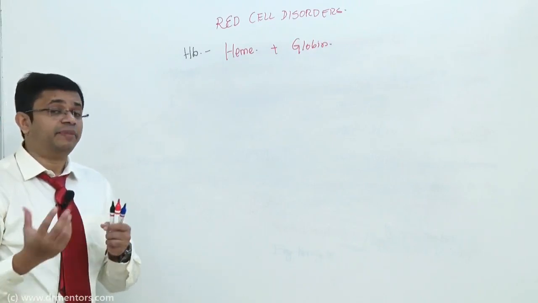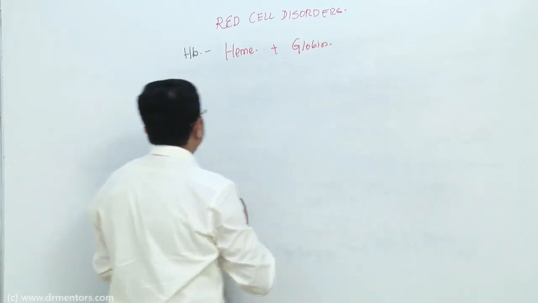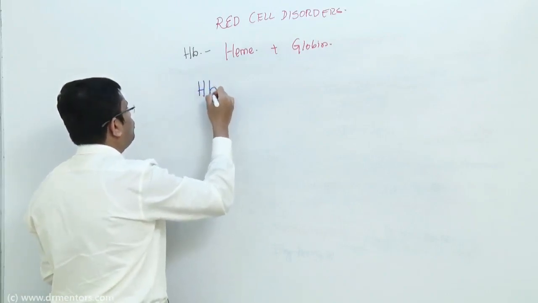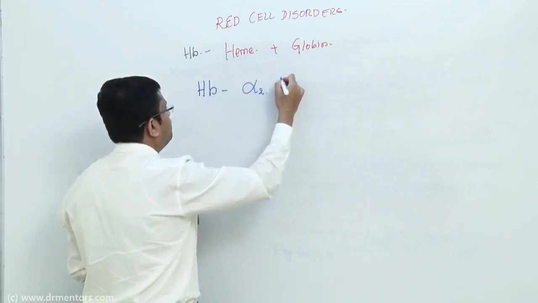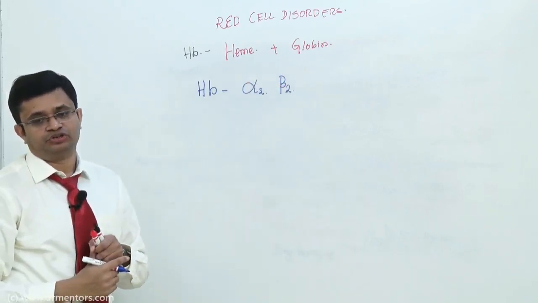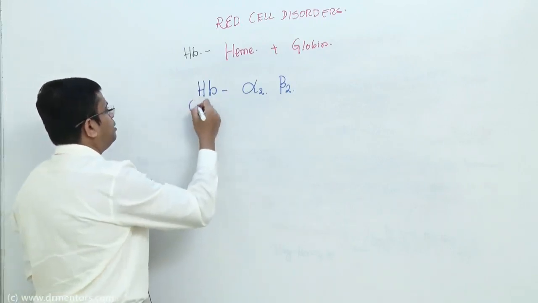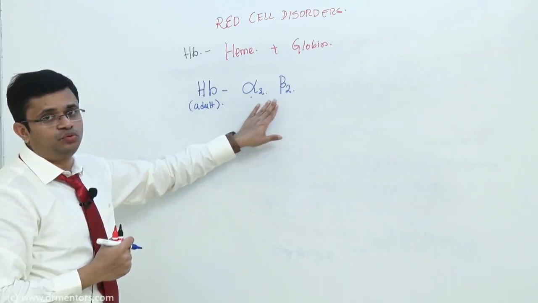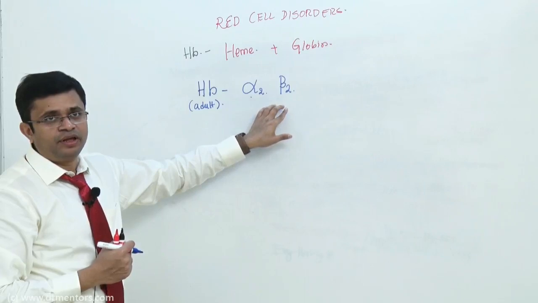The genes which manufacture the hemoglobin are from 2 different loci. So the hemoglobin is made up of alpha 2 and beta 2. This is the genotype version of your hemoglobin. If I say adult hemoglobin, the genotype is alpha 2 beta 2. This is the normal genotype of adult hemoglobin.